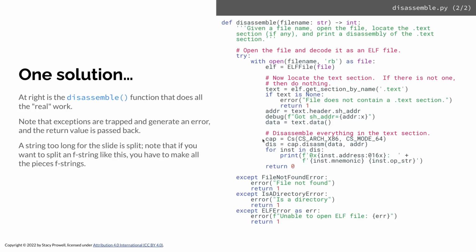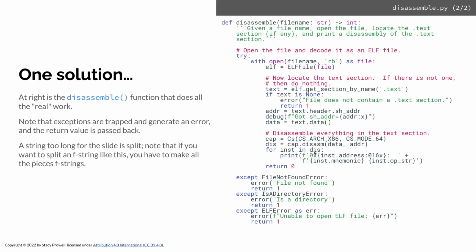So then I go and make a little capstone object. I want to disassemble x86 64-bit. I get a disassembly enumerator. So notice I pass in the bytes and the address. This is so this little enumerator can fill in the address for each instruction it hands back. And it does, in fact, fill that in. So then I iterate over all the instructions.